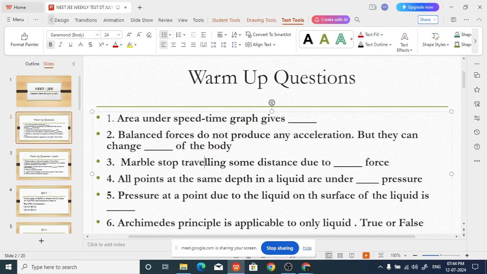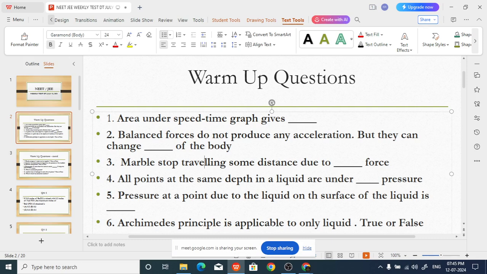It is due to frictional force. Have you heard of this? Frictional force? Yes, sir. Then why are you not trying to apply your science? These are all ninth standard questions. They're not 11th questions. I have taken these questions from the ninth and 10th portion for warming up.